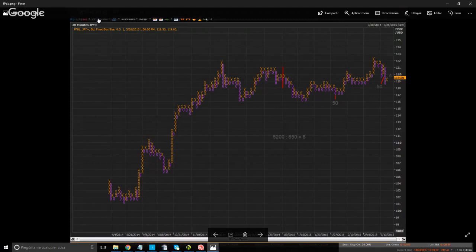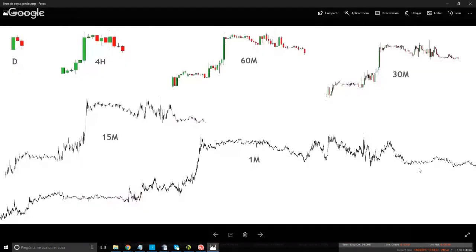So on euro dollar, and I'm going back to the question about the time frame, if you measure a euro dollar 1 minute chart with thresholds of 10 pips, and you sum up the thresholds for an entire year, you will have an incredibly large coastline, what we call coastline, an incredibly large potential of movements.